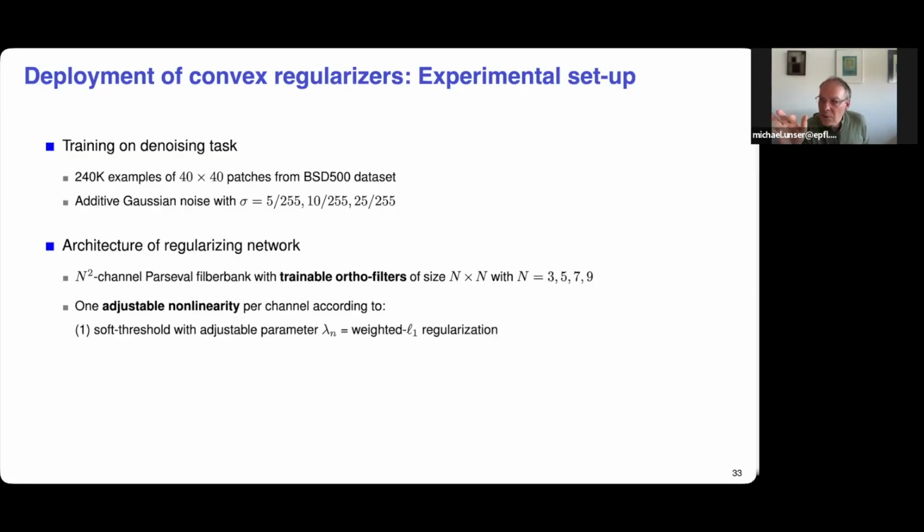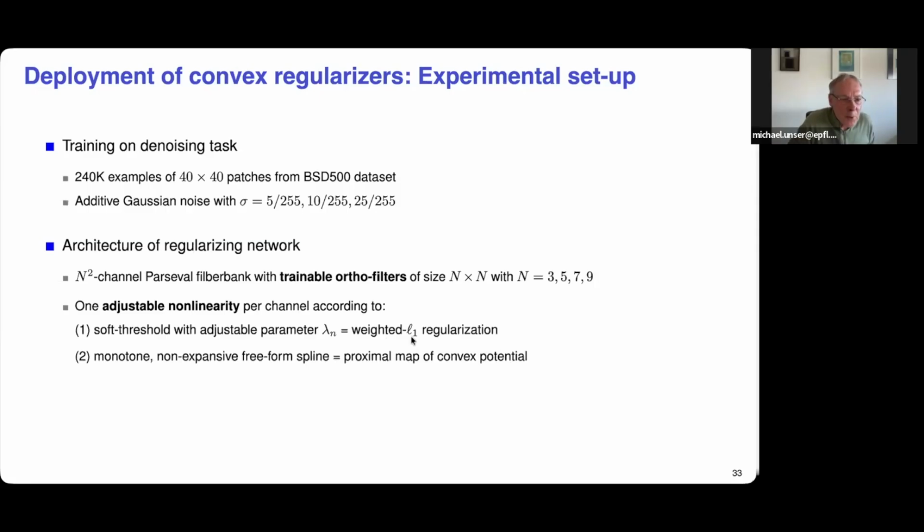Okay, so somehow the impulse responses have to be orthogonal. And that's relatively easy to impose, for example, in PyTorch. And then you have adjustable nonlinearities per channel. We have this multiplication factor that comes from the SVD decomposition. And in our theory here, we just need to put L1 regularization. But then we will compare with more general schemes.